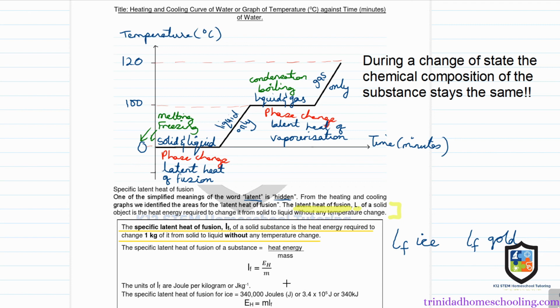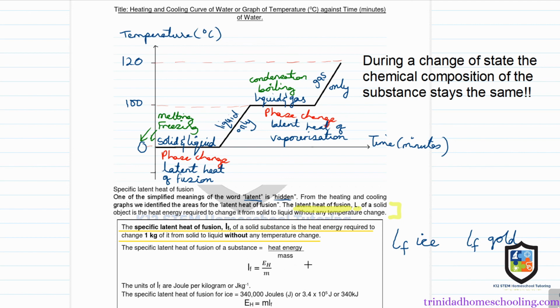Now, there's a formula to find the specific latent heat of fusion. That formula is the heat energy supplied divided by the mass of the substance. And these are the symbols we use.